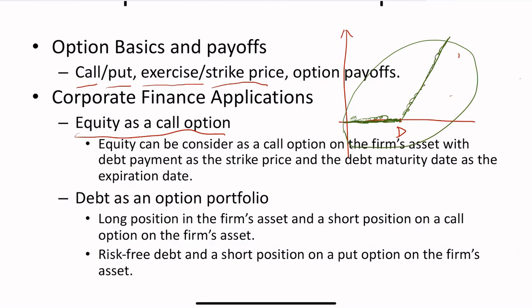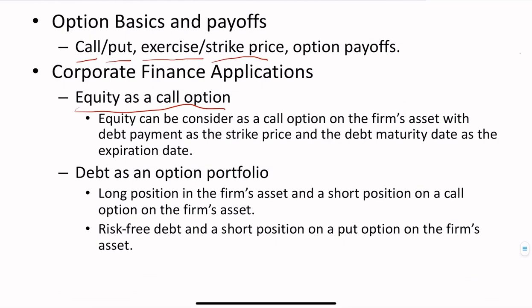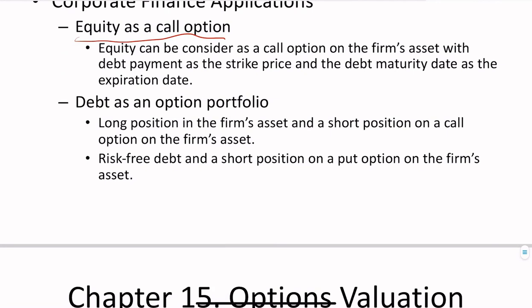And then for the argument that debt is an option portfolio, the argument would be the same. So if you look at this, a long position in the firm's asset and a short position on the call option on the firm's asset. First, what is a firm's debt payoff? If you look at the payoff of the firm's debt, it looks like this, right?